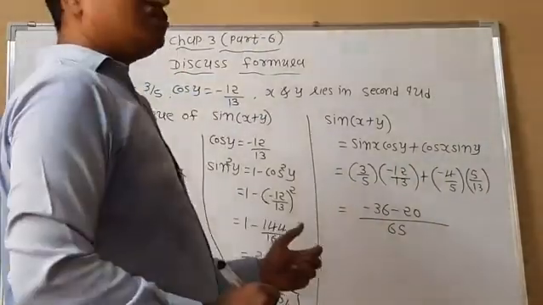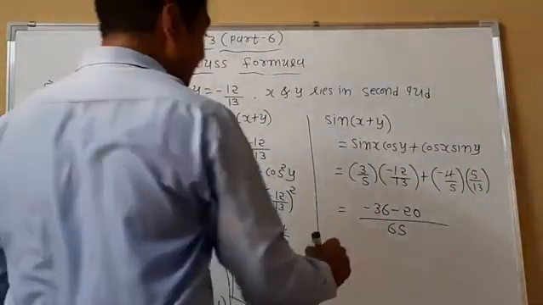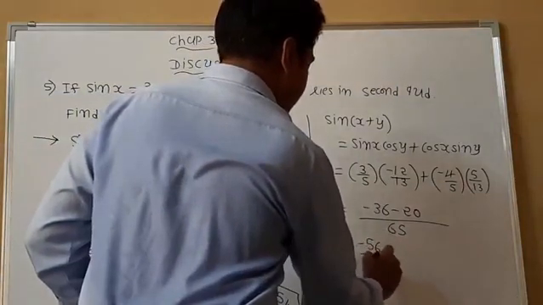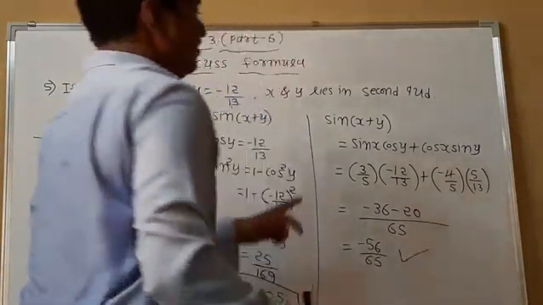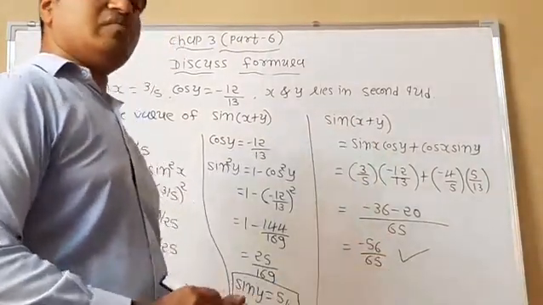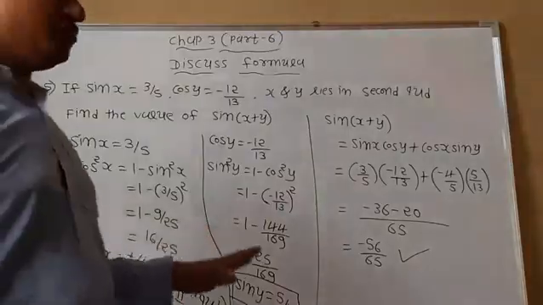So minus 36 minus 20. So our final answer is minus 56 by 65. So here we get the value of sin(x plus y) is equal to minus 56 upon 65.